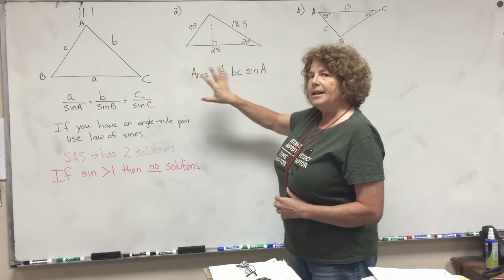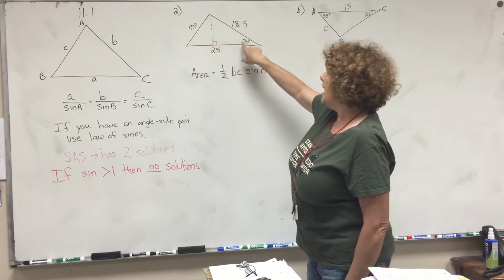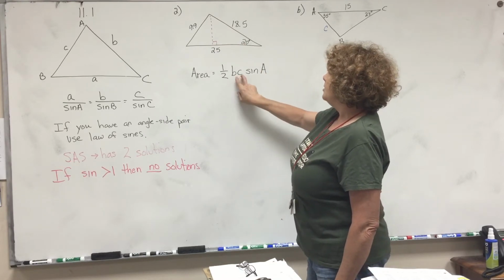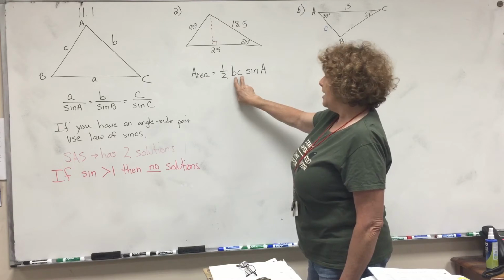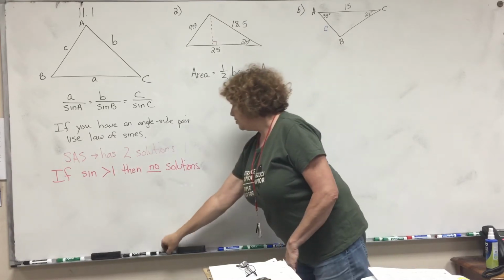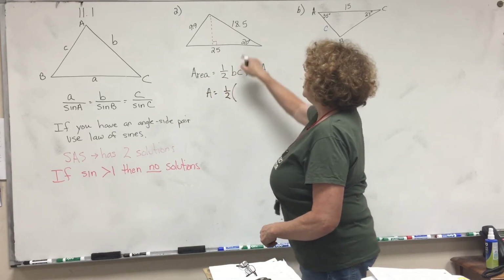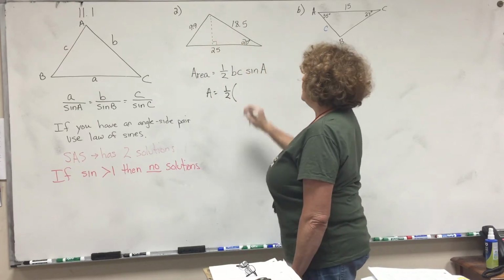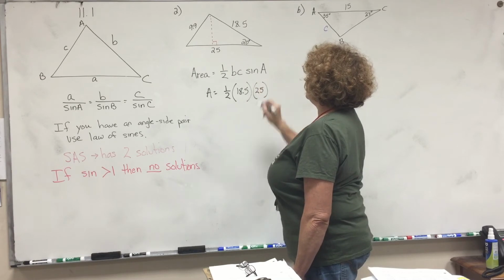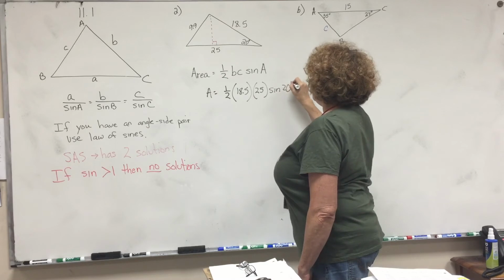They have formulated this into a simple equation: the area of a triangle when you've got an angle and its sides is 1/2 times the two sides that are not across from the angle multiplied together, times the sine of that angle. So the area is 1/2 times, well, what are the two sides that aren't across from 20? It's 18.5 times 25 times the sine of 20.